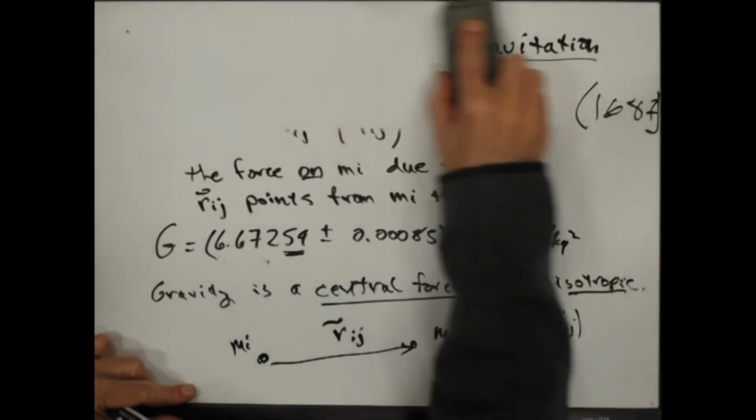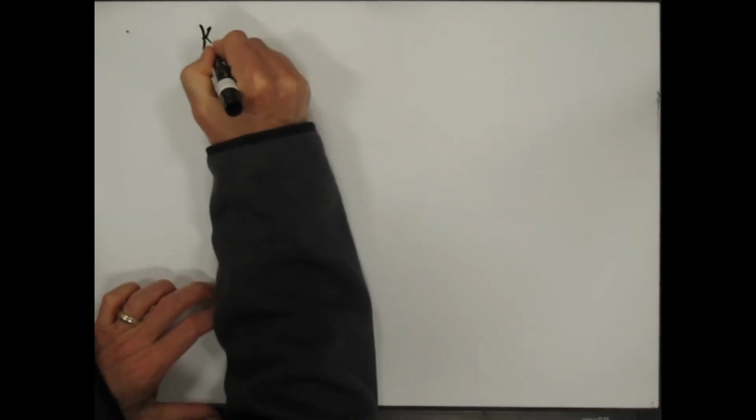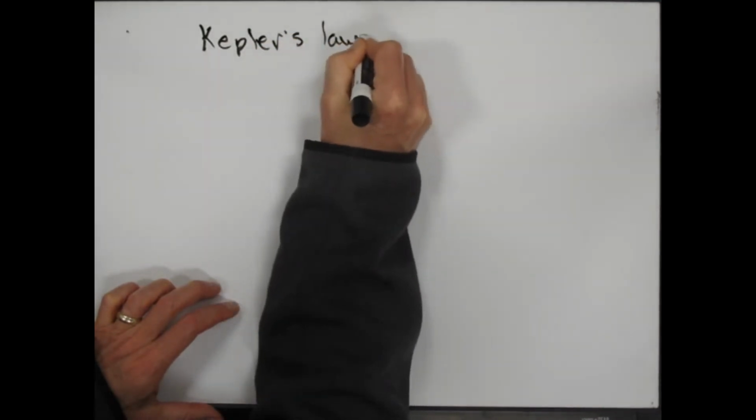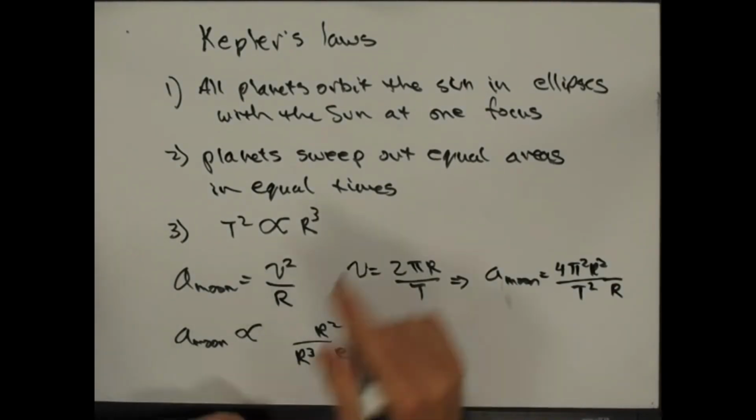Newton was really the first person to get this. There was a lot of discussion at the time about whether Kepler's laws were known at the time. So let me just pause. By the time Newton came along, Kepler's laws were already known.